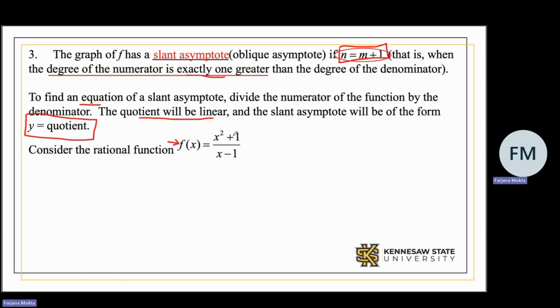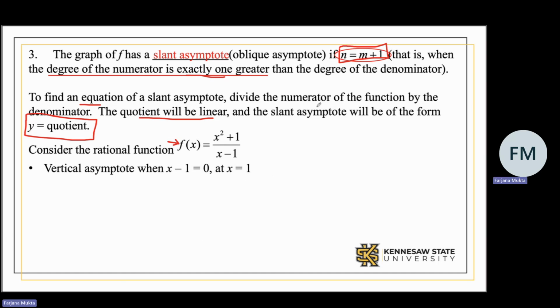Yes, it is. We cannot factorize the numerator and the denominator anymore. So the denominator will give us the vertical asymptote by setting it equal to 0. We'll get x equals 1. This vertical line is our vertical asymptote.